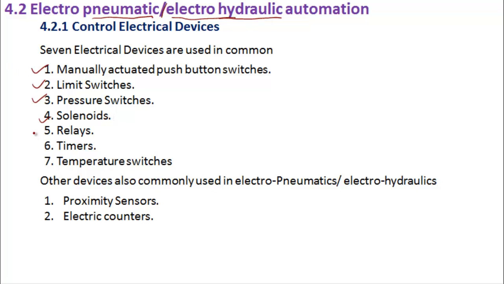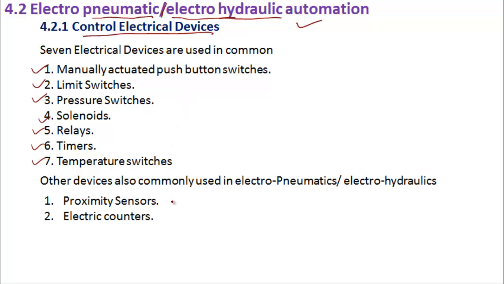So solenoids, relays, timers and temperature switches. So these are the 7 electrical devices which are commonly used in electro-pneumatic or electro-hydraulic automation systems. These are the control electrical devices that we are going to study.